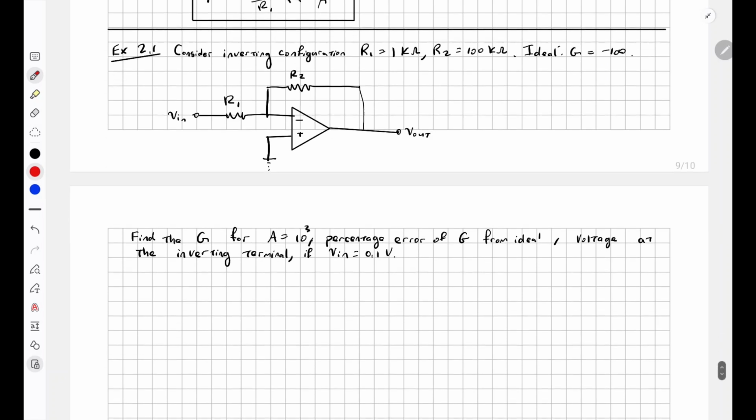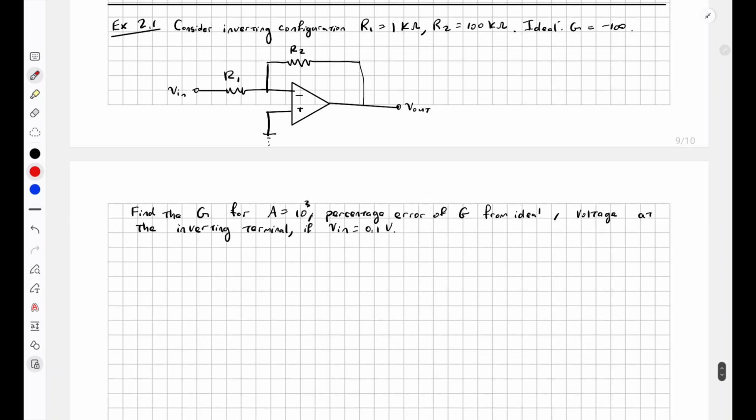But the question asks for the case where the op-amp is not ideal, so A is no longer infinity. It's a real op-amp, and now A is limited to 10 to the third. So we're asked to find the closed loop gain if A is 10 to the third.